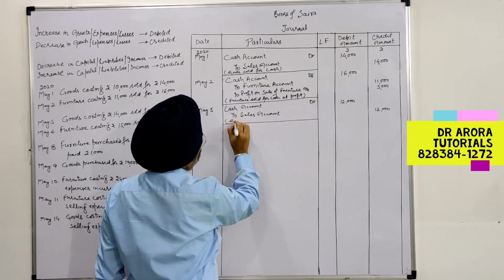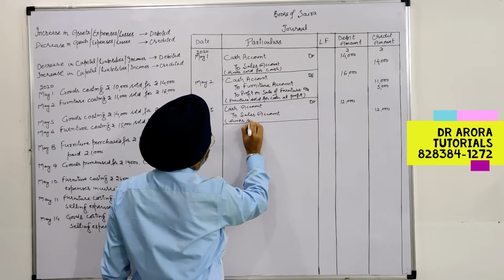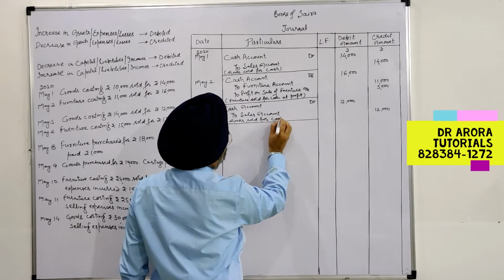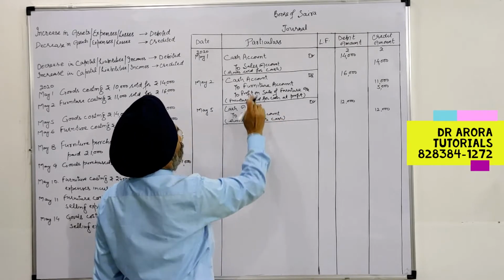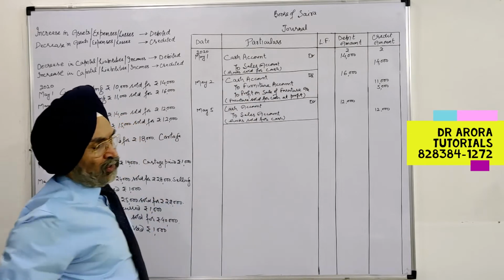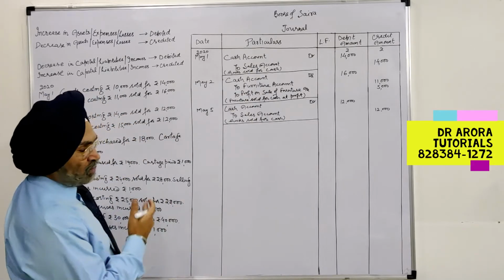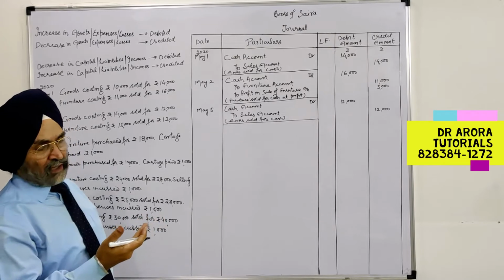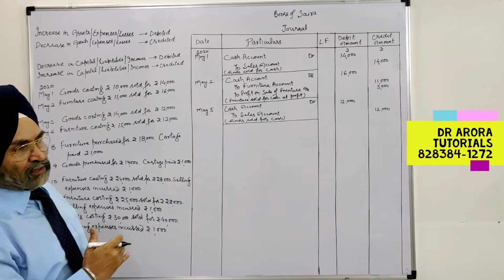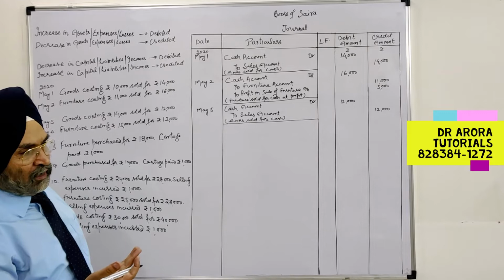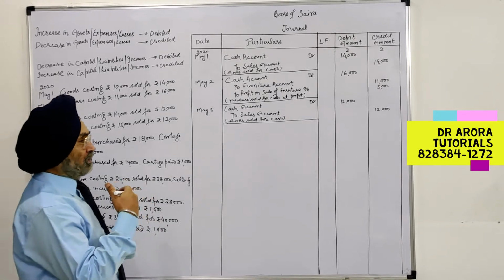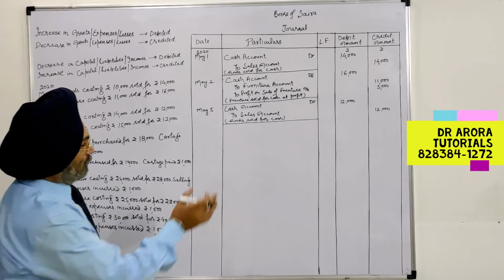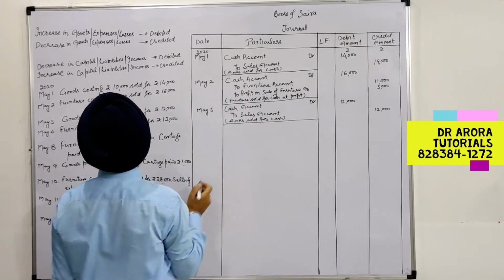The goods sold for cash, whether for profit or for loss, that need not be shown, because here the cost is known to us. But in the majority of entries you will see the cost will not be given to us. Profit or loss is there, and there we don't know whether we are selling at a profit or at a loss. So simple narration will be goods sold for cash.